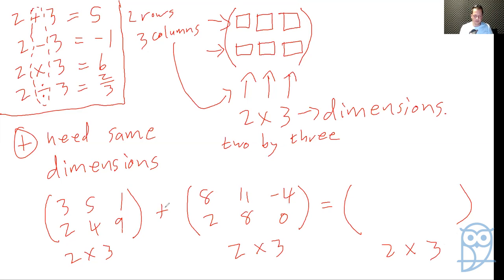So 3 plus 8. 5 plus 11. 1 plus negative 4. 2 plus 2. 4 plus 8. And 9 plus 0.